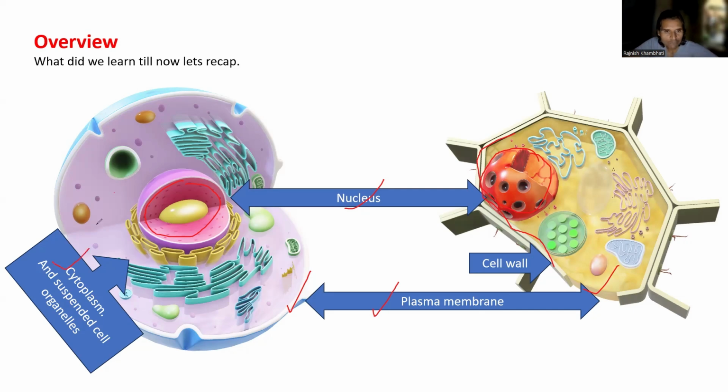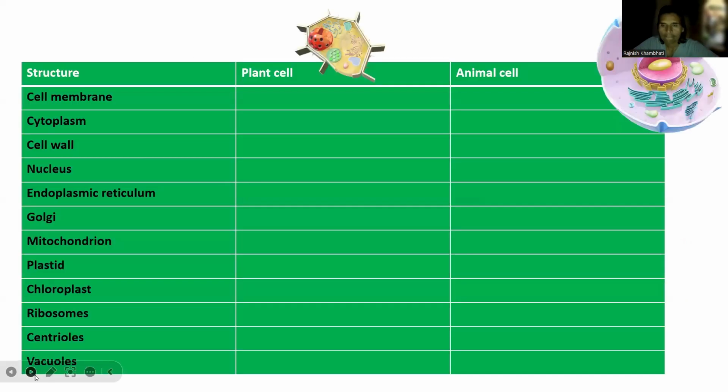Cytoplasm is present here also, and this liquid-like portion is also cytoplasm. So in every cell, we can see these three basic structures. I think this point is also very clear.